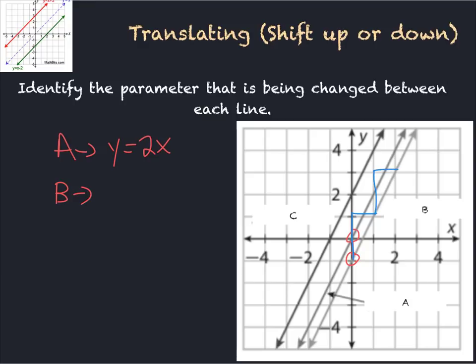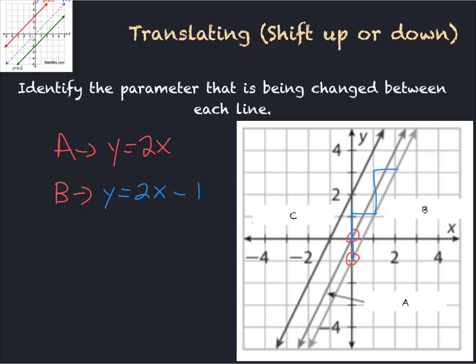The only thing that's changed is the y-intercept. So the equation for line B would be y equals, the slope is the same, but we shifted down, not 2 spaces, I'm sorry, we shifted down 1 space. So our new equation is y equals 2x minus 1.